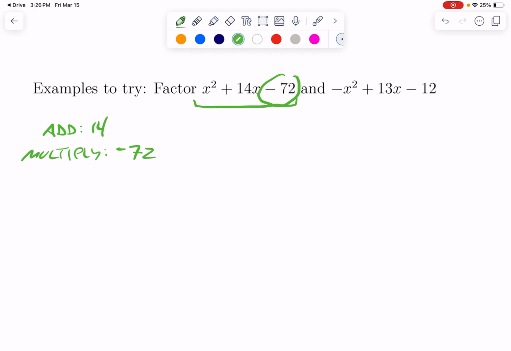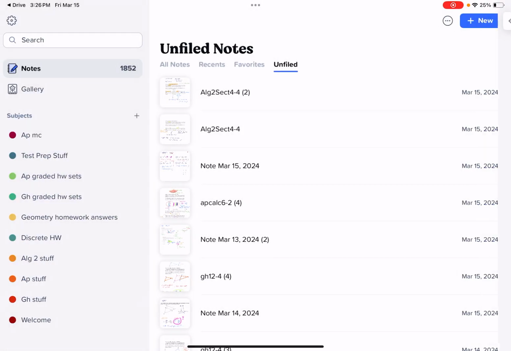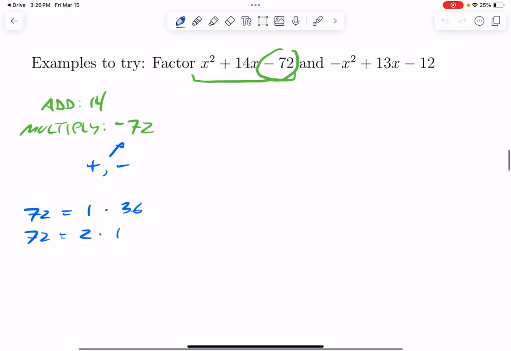And if I multiply two numbers to get a negative, that means one of them is positive and one of them is negative. So I can experiment with different possibilities. Certainly, I can think about ways to factor 72 and then just remember, it's 2 times 36. It's 1 times 72.